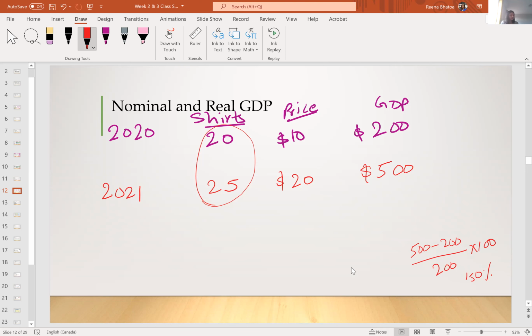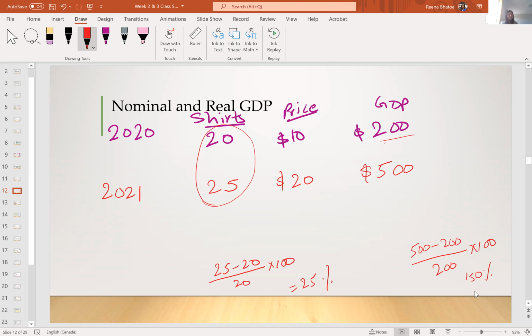If you check 25 shirts, production wise, 5 divided by 20, it's only a 25% increase. The production actually has increased only 25%. And why is our gross domestic product increased by 150%? It's a wrong calculation, right? Looks like, but no.